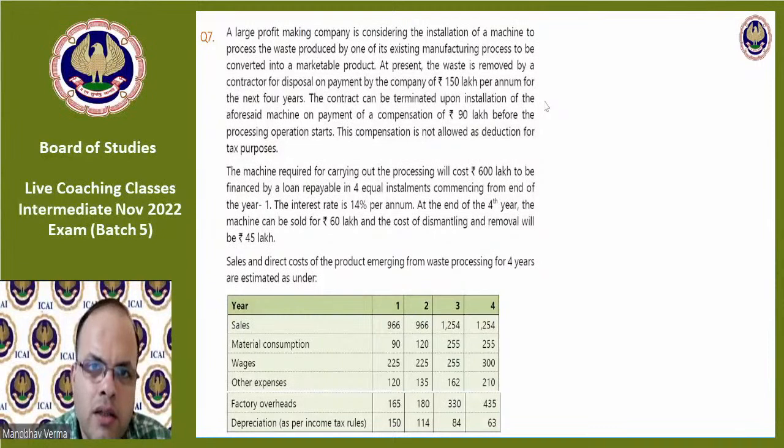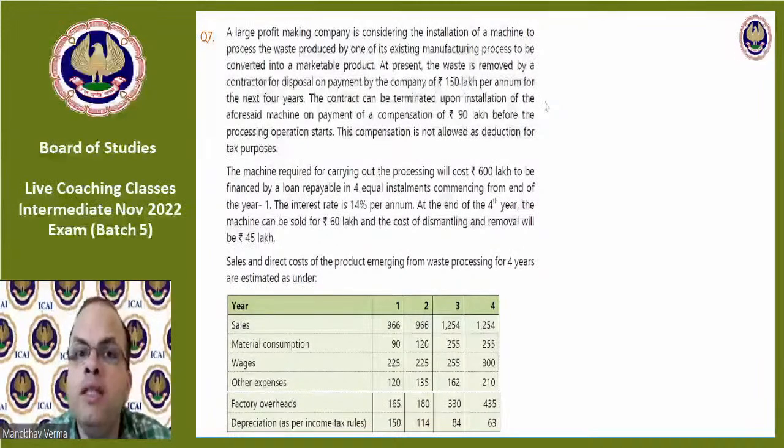At present, the waste is removed by a contractor for disposal on payment by the company of 150 lakhs per annum for the next 4 years. Contract can be terminated upon installation of the aforesaid machine on a payment of compensation of 90 lakhs before the processing operation starts. This compensation is not allowed as a deduction for tax purposes, so no tax saving in there.